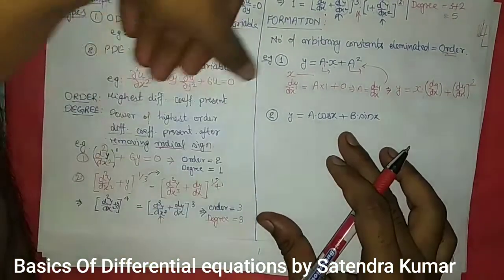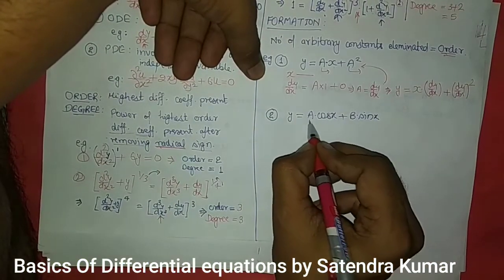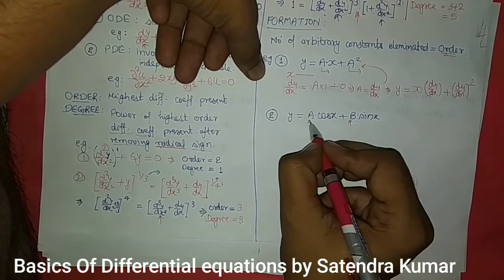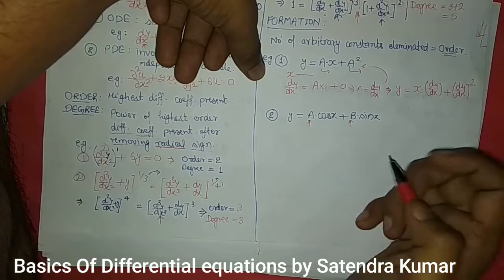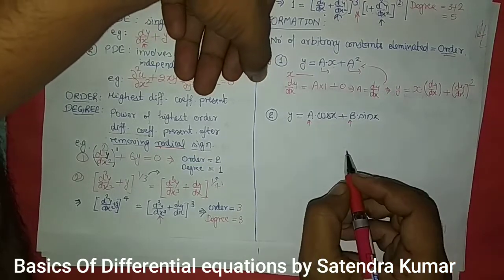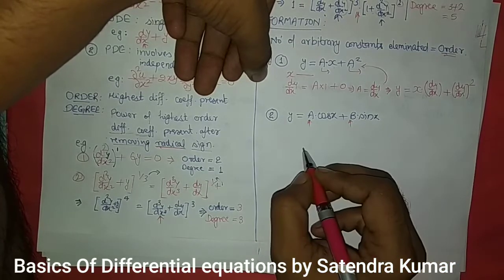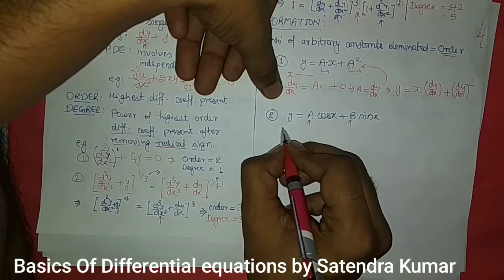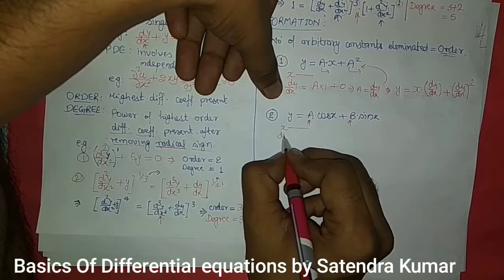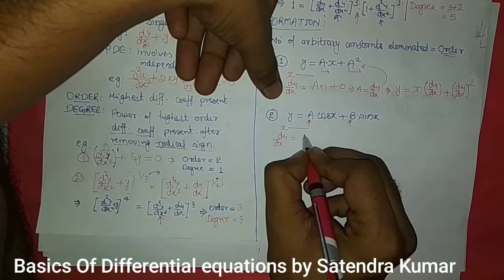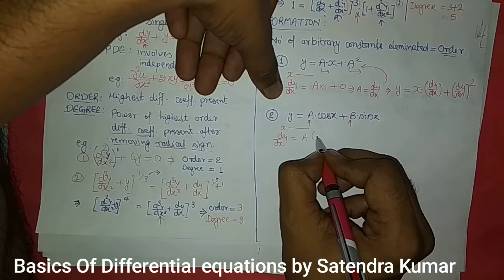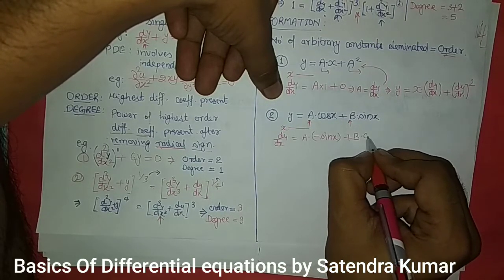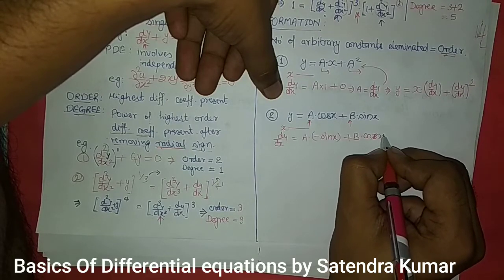And one more example. Here two arbitrary constants are present, so the maximum number of times we differentiate the equation is only 2 times. So firstly we differentiate this equation with respect to x: dy/dx is equal to a into minus sin x plus b into cos x.